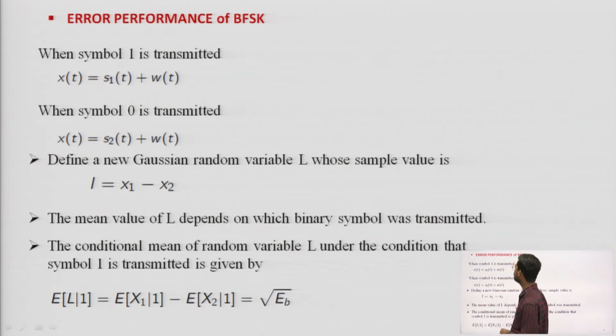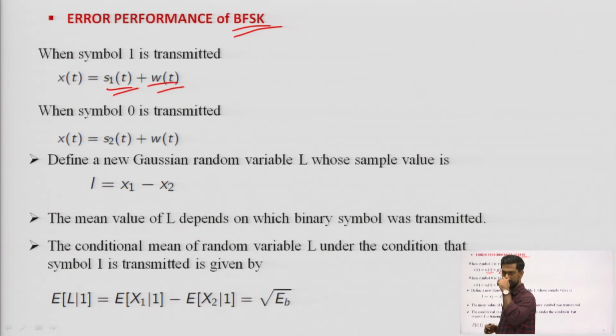Here we will analyze the error performance of BFSK, binary FSK. When symbol 1 is transmitted, x of t is nothing but S1 t plus some noise. We have already seen in ASK that we are sending the signal in a noisy environment, so noise is added at the receiver. When symbol 0 is transmitted, x of t equals S2 t plus W of t.